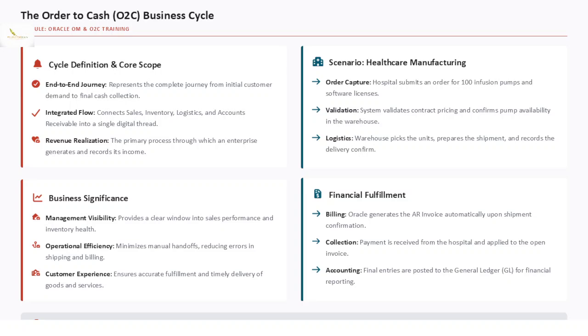Now that we understand the order to cash business cycle conceptually, we will stop here at slide 5, and then we'll continue tomorrow from slide 6. It was a pleasure for me to discuss the first 5 slides about Oracle Order Management and Oracle order to cash.